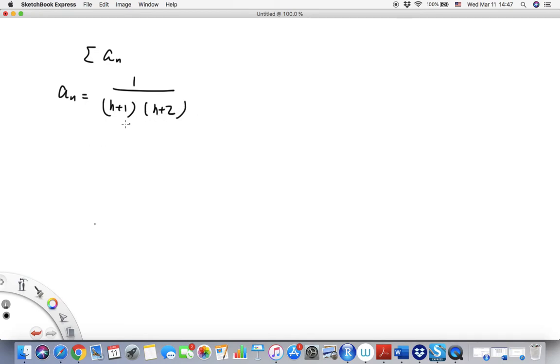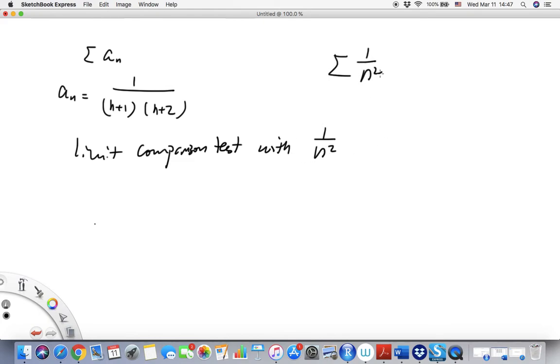One thing we can do is the limit comparison test with 1 over n squared. We know that the sum of 1 over n squared converges, right? So if the ratio of the nth terms is going to some fixed number not equal to positive or negative infinity, then they both converge. So we'll do this.